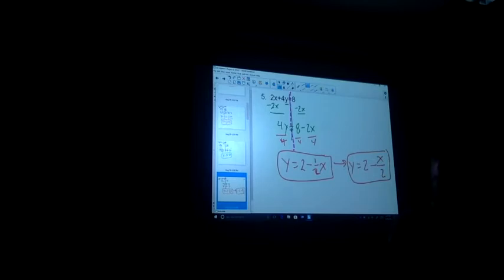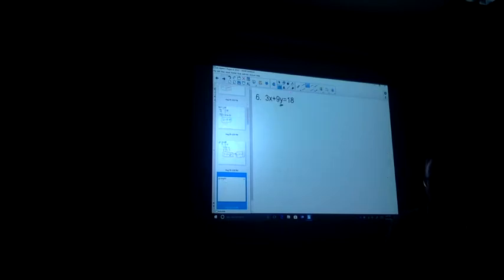Problem number 6. Again, solving for y. So here I have a positive 3x. Well, I have to subtract it from both sides. So I still have a 9y on the left side, and then I have 18 minus 3x, or I could have negative 3x plus 18, is your choice.